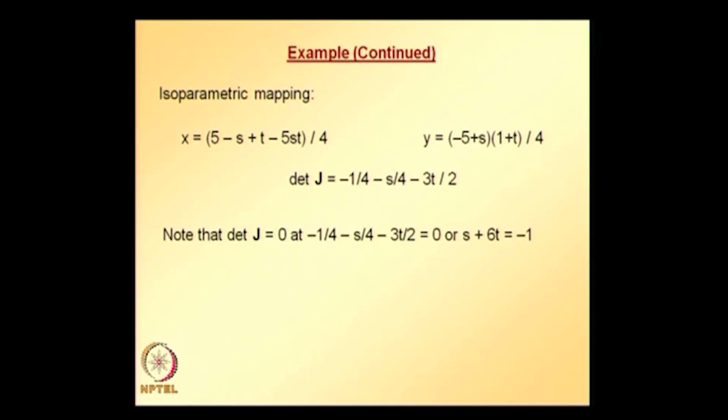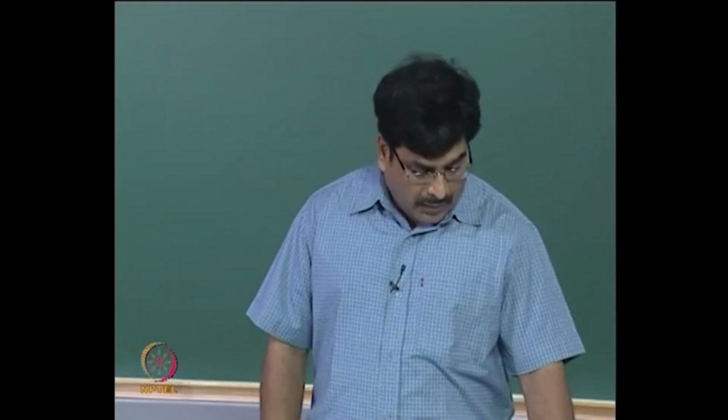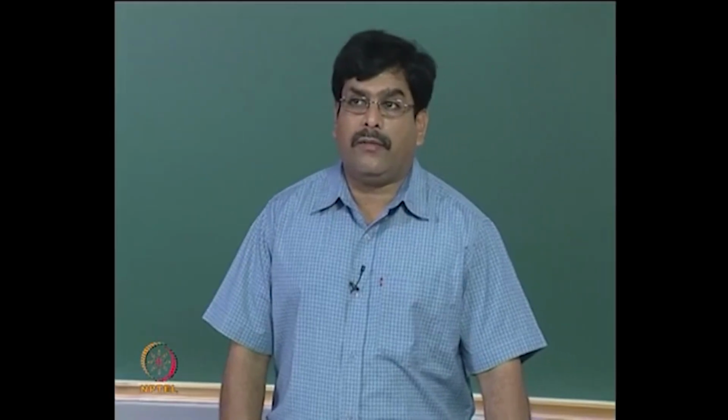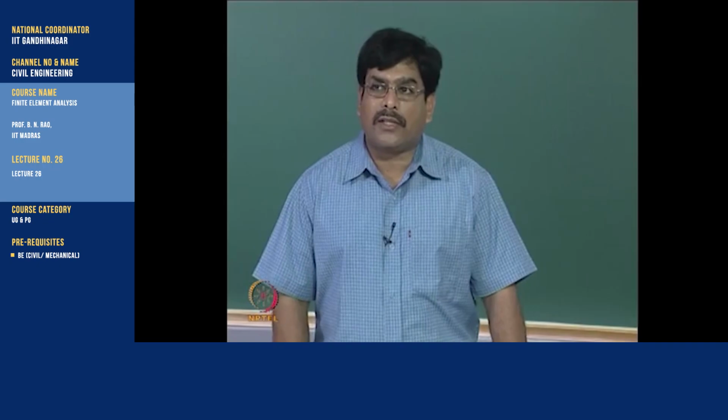As I mentioned in the last class, if you overlay this line, s plus 6t equal to minus 1, on the parent element domain, with S going from minus 1 to 1 and T going from minus 1 to 1, it can be clearly seen that this line is going to cut across the domain.